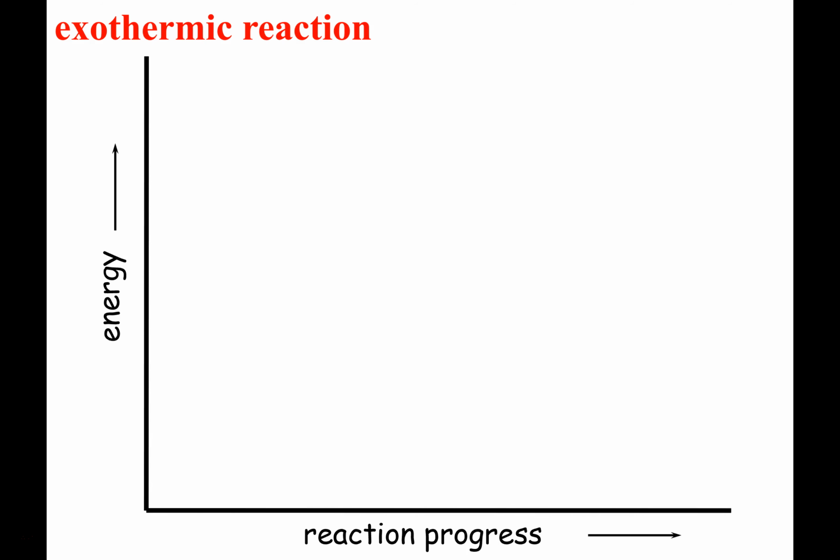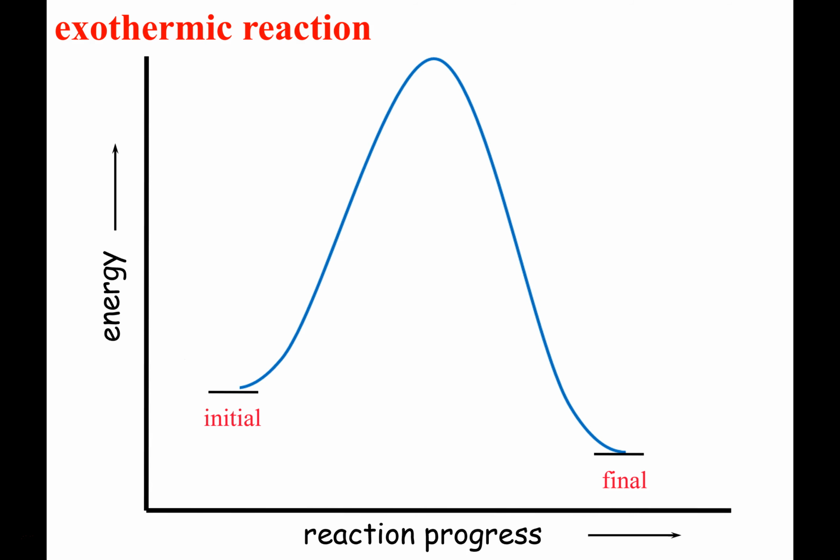So here we go. This is an example of an exothermic reaction. You're going to see reactants here, products here, energy is going to be released. Here's initial, there's your barrier, and final. We know it's exothermic because the overall energy of our products is less than the energy of our reactants. So energy is released to the environment.